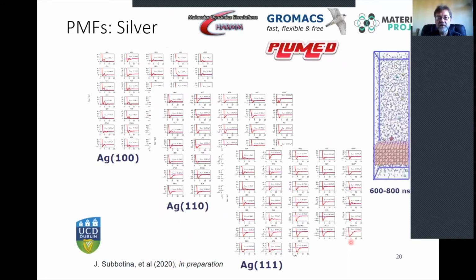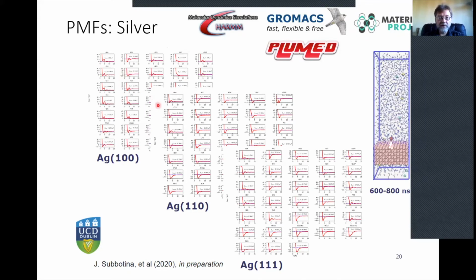So if you want more details, you can look into publications, but typically the system box is like this. We have a slab of material, then water with ions, and then an amino acid there. It's run for 500 to 800 nanoseconds overall. And we use GROMACS for simulation with PLUMED and CHARMM to form this system, and crystal structures from Materials Project to form this slab.